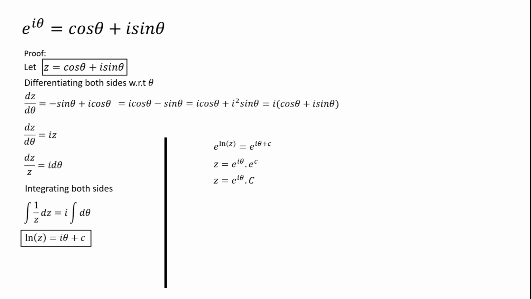So simply C will be equal to 1, and we can say that z is now equal to e raised to the power iota theta, and we know that z was cosine of theta plus iota sine of theta, so we just have to replace it, and we will have e raised to the power iota theta is equal to cosine of theta plus iota sine of theta, and hence our Euler's formula has been proved.